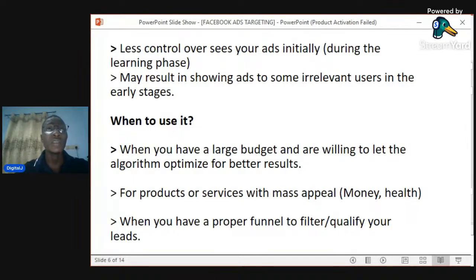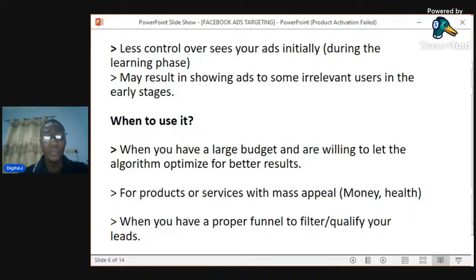Let's say that you are selling an ebook that teaches people how to make money online, and you are using broad targeting, and your funnel is from Facebook to WhatsApp, or from Instagram to WhatsApp, or from YouTube to WhatsApp. Either way, either one.